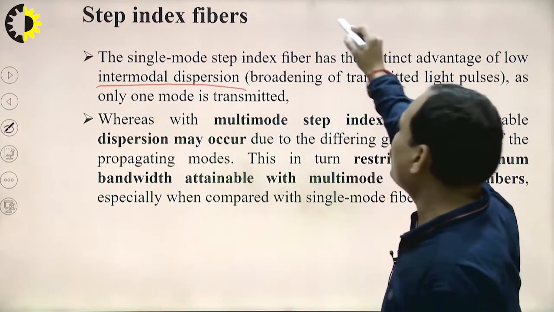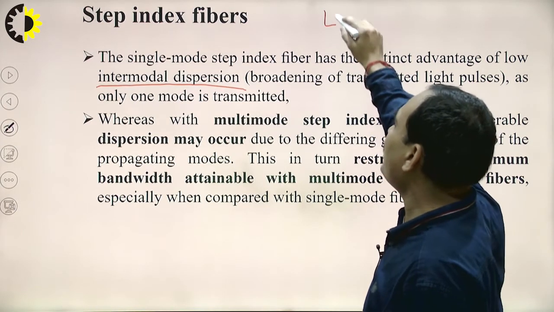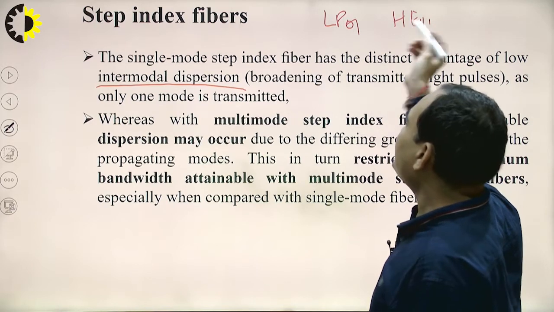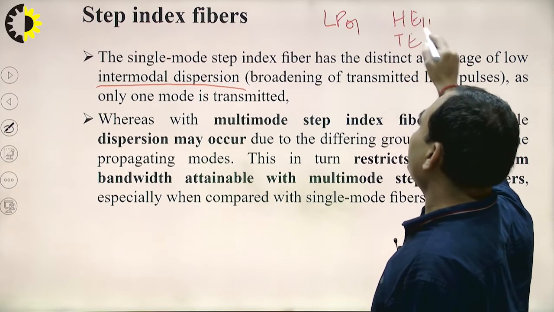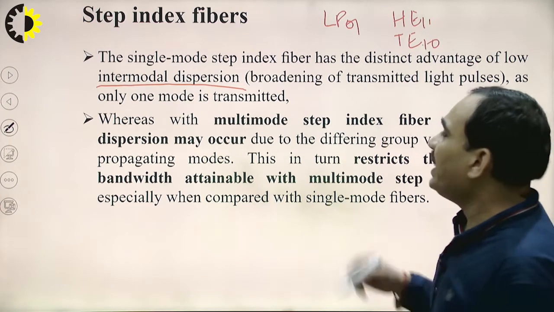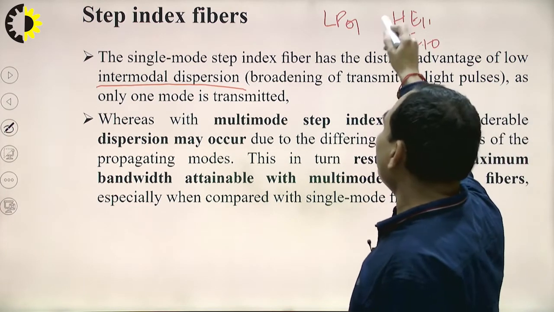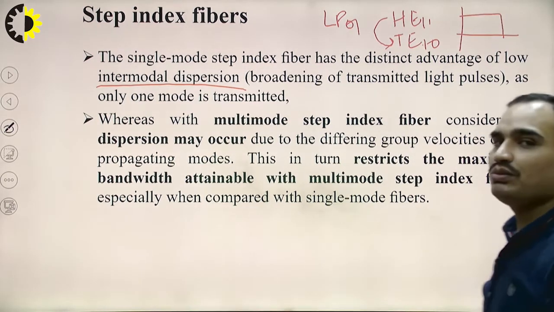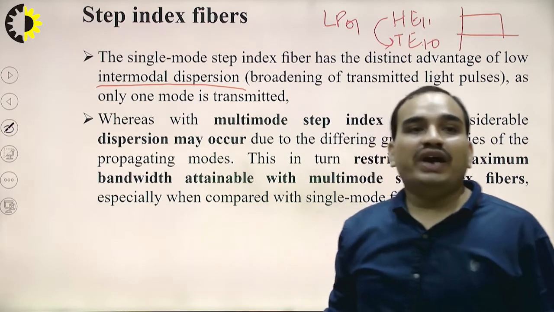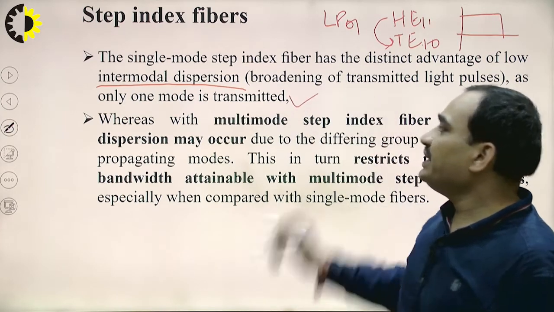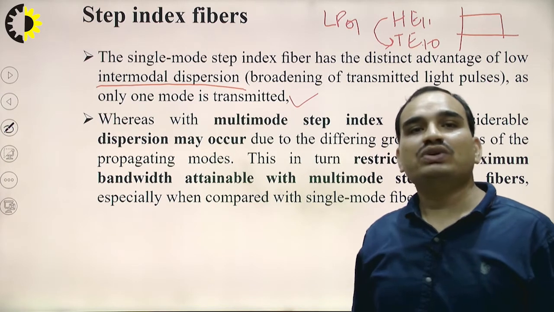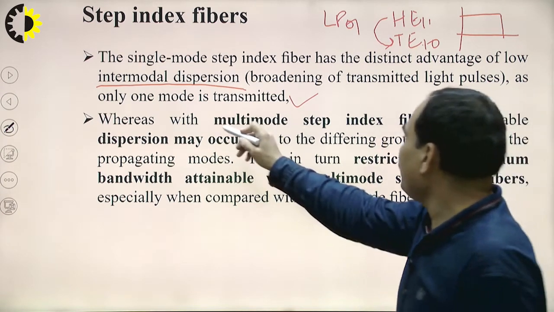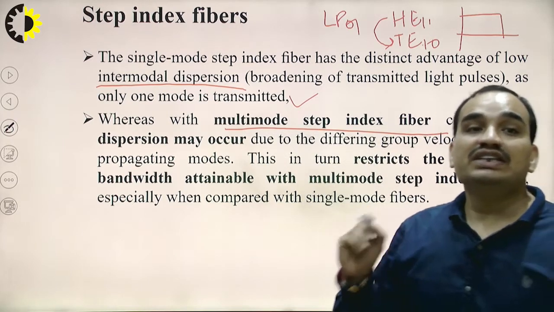So between two modes, for example, if we are talking about LP01 mode or HE11 mode, the energy is transferred to, let's say, TE10 mode, then we can say that there is an intermodal dispersion, meaning there is a broadening of the pulses due to this modal dispersion. As only one mode is transmitted in case of the single mode stepped index fiber, whereas in case of the multi-mode stepped index fiber, considerable dispersion may occur.